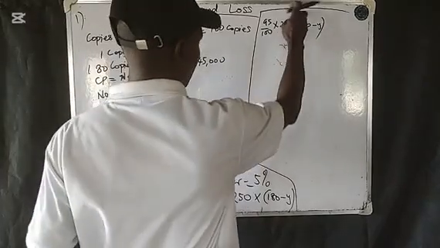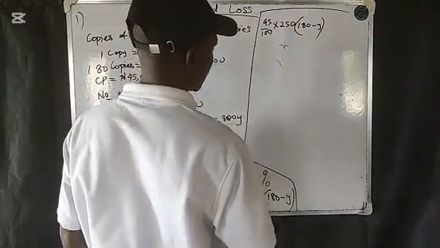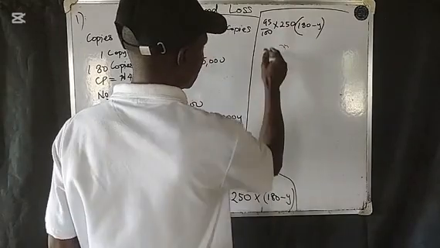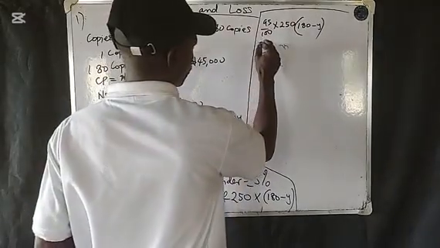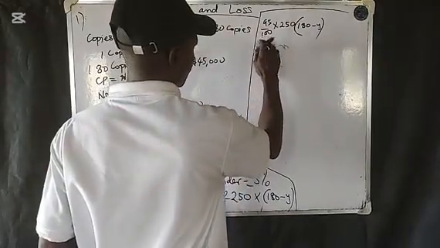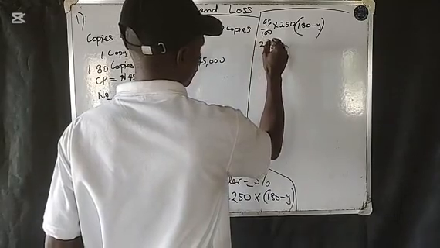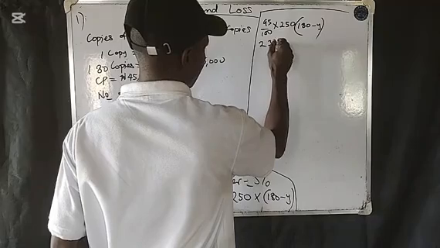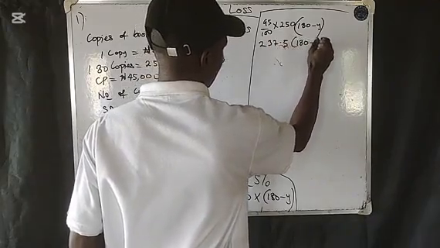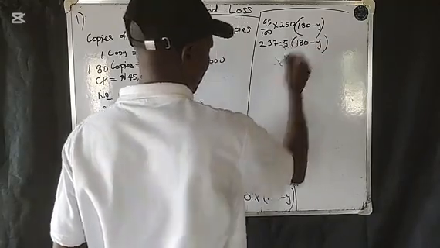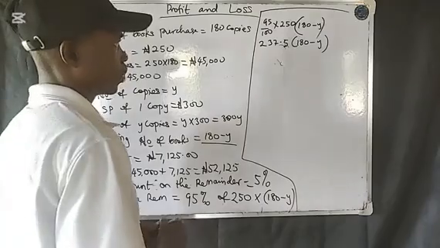Can you help me reduce this number? It will become 90. Just help me divide this first. That gives 237.5. Then this one, right? Open the bracket, times 180.